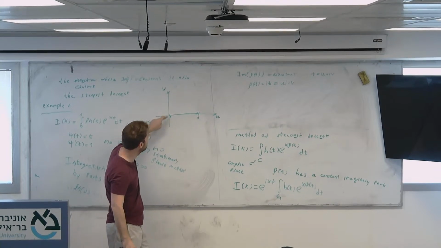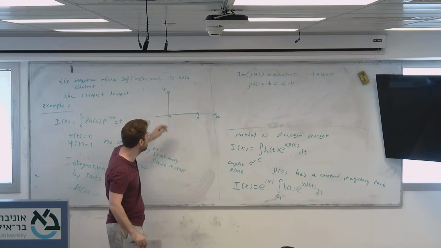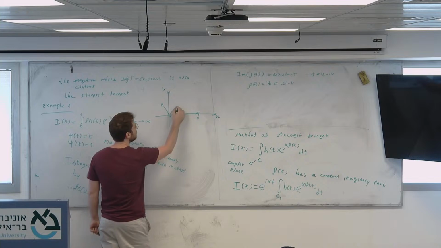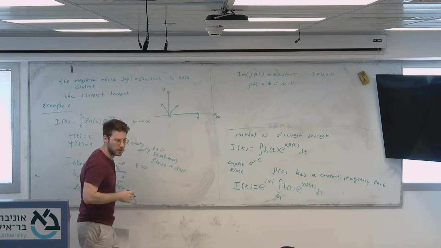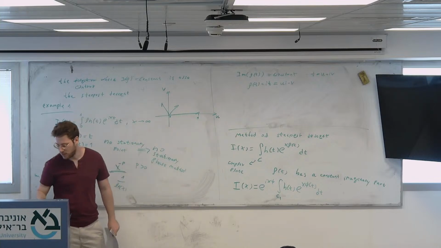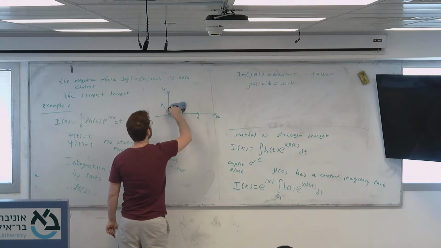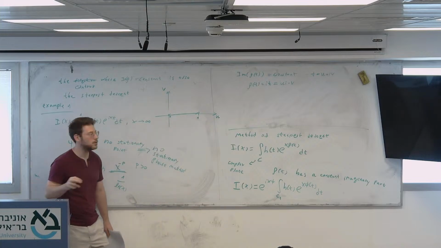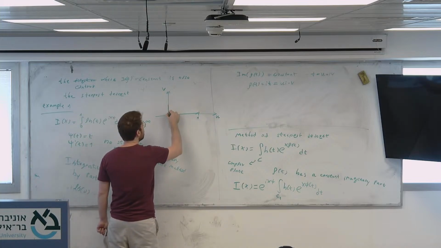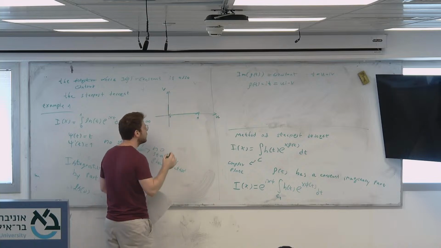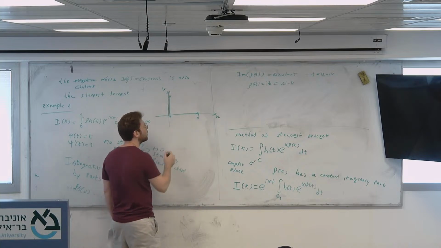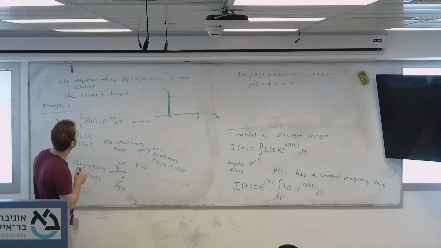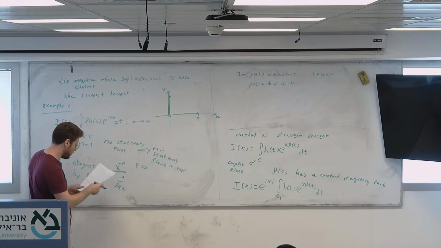V is 0. So we can conclude that we only have two paths now. Any other path would give you an imaginary part of v, and you want a constant one. So you have two possibilities, go up or down. Usually when you have two possibilities, one of them is the steepest descent, and the other one is, what's it called?